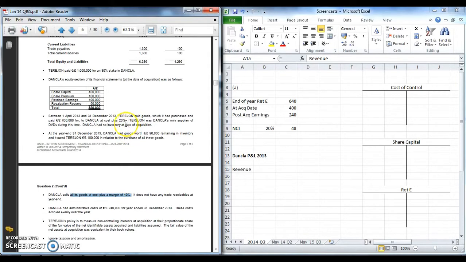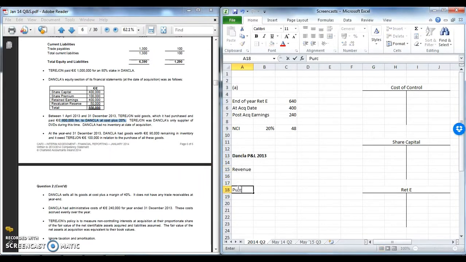So we're also told in the question that TAccount Jan, which is Dankla's only supplier, sold the goods for what it purchased at 600 grand, and it sold it to Dankla at a cost plus 20%. So Dankla made purchases of 600 grand, that's how much it cost TAccount Jan, times 1.2. So it made purchases of 720,000.